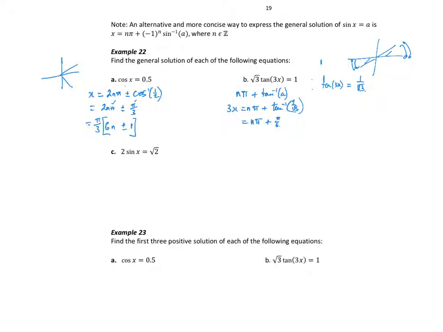Because I've got multiple values of pi. So 3x is equal to, again, if I take pi on 6 out the front, I get plus 1, and I can make that a 6n there. So 3x is equal to that, therefore x is equal to pi on 18, 6n plus 1.